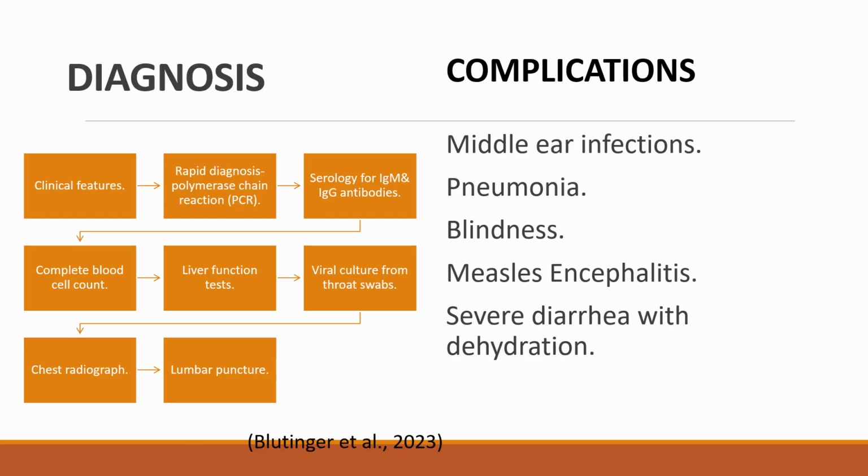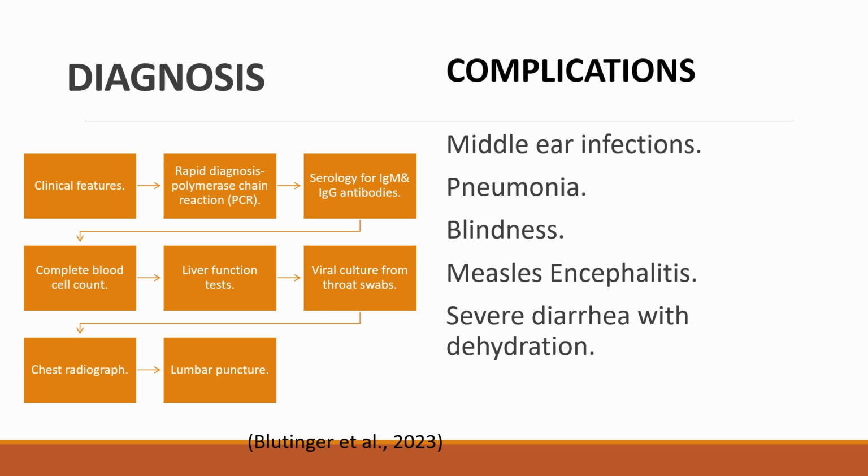So how do you diagnose? A diagnosis of measles can be made using clinical features. However, lab confirmation may be necessary for public health and outbreak control. Serologic testing for IgM and IgG antibodies, isolation of the virus using culture, and rapid diagnosis through polymerase chain reaction, which is PCR, are common evaluations.